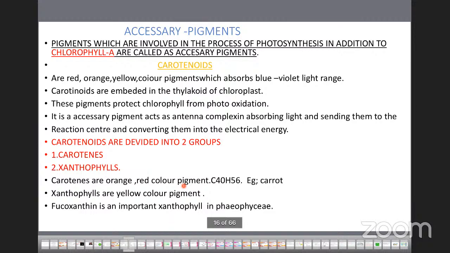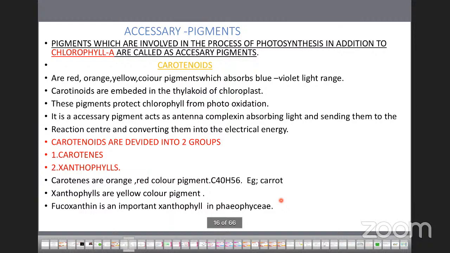Because of the development of xanthophylls, they turn from green to yellow or red to yellow. So in all yellow-appearing parts, we can see this xanthophyll pigment. One important xanthophyll is fucoxanthin, which especially appears in members of Phaeophyceae.